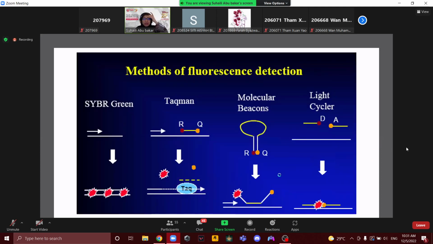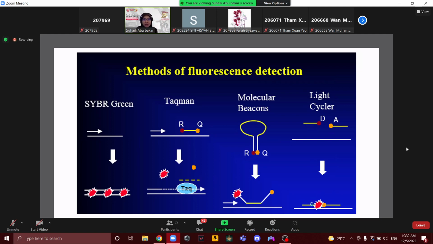Okay, so another picture, a comparison between methods of fluorescence detection: DNA binding agent, SYBR Green, and hydrolysis, and this one hybridization. Kan, hybridization like LightCycler, dual probe, one from this direction, another one from this. So when they meet, they are not hydrolyzed, but when they meet, they will introduce FRET. They transfer energy of the fluorescence too.